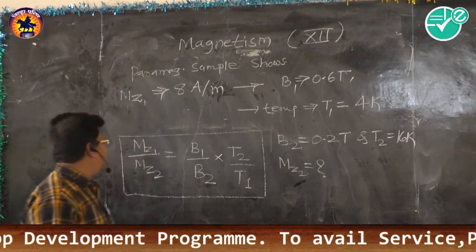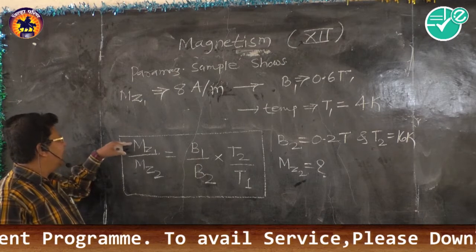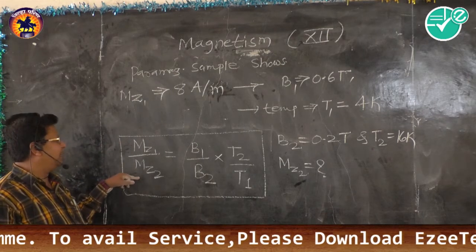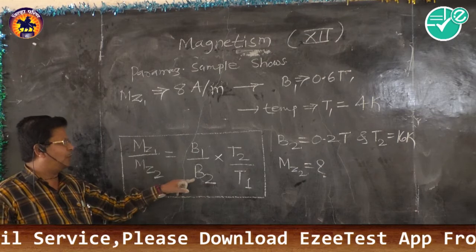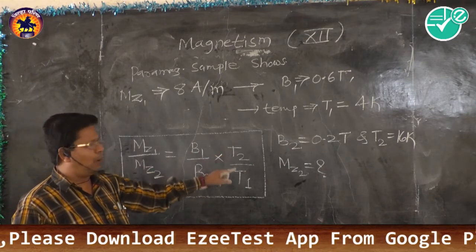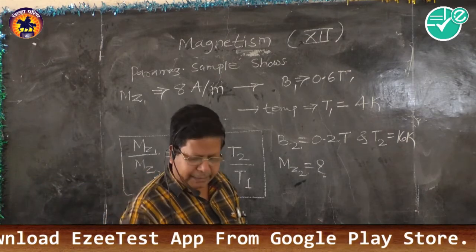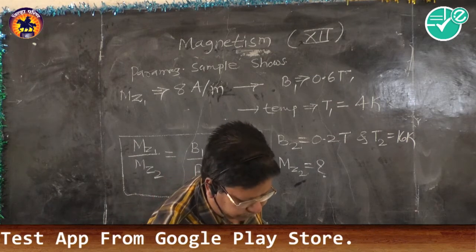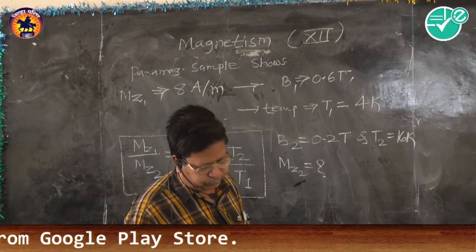Now for this we use the formula Mz1 divided by Mz2 is equal to B1 upon B2 into T2 upon T1, and in this formula we substitute the values.